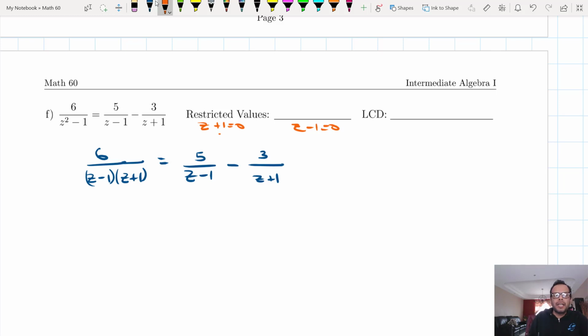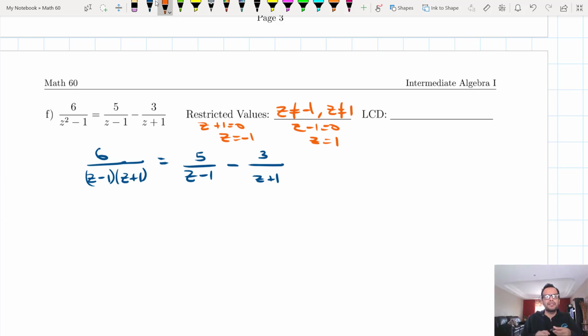On the one hand, we're going to get z equals negative 1, and on the other hand, z equals 1 on the second value. So the restricted values, or not x, so in this case, z cannot be negative 1 or z cannot be positive 1, because otherwise the denominators go to 0, giving us an undefined value.